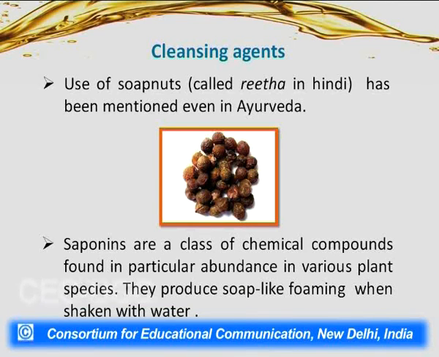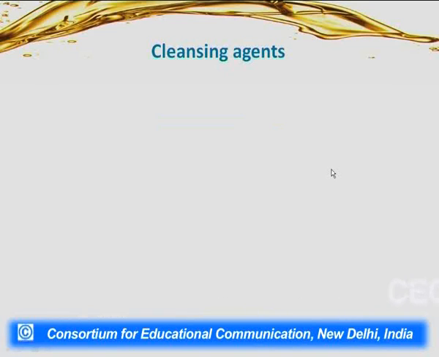They belong to the class of compounds which chemically are called saponins. And these saponins are chemical compounds found in particular abundance in various plant species, and they produce soap-like foaming when shaken with water. Even these days we use the extract of this Ritha material for washing hair or for washing soft woolen clothes.